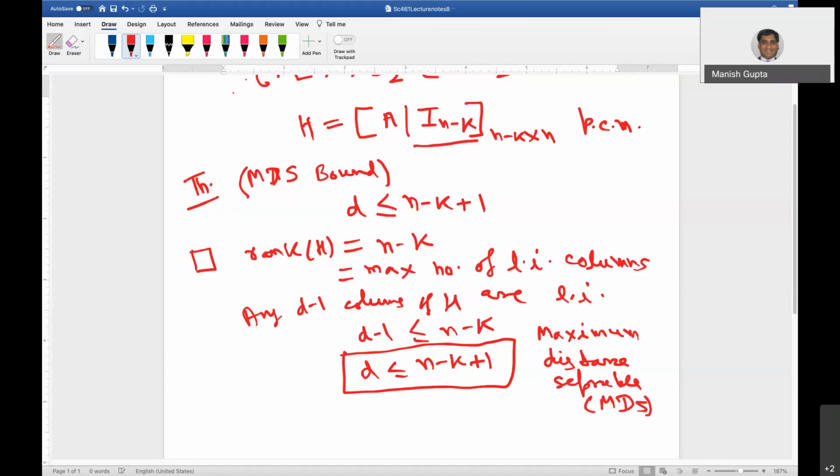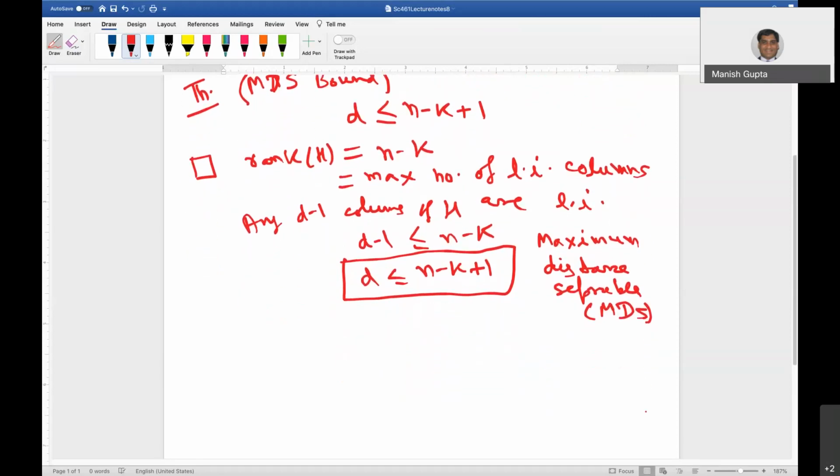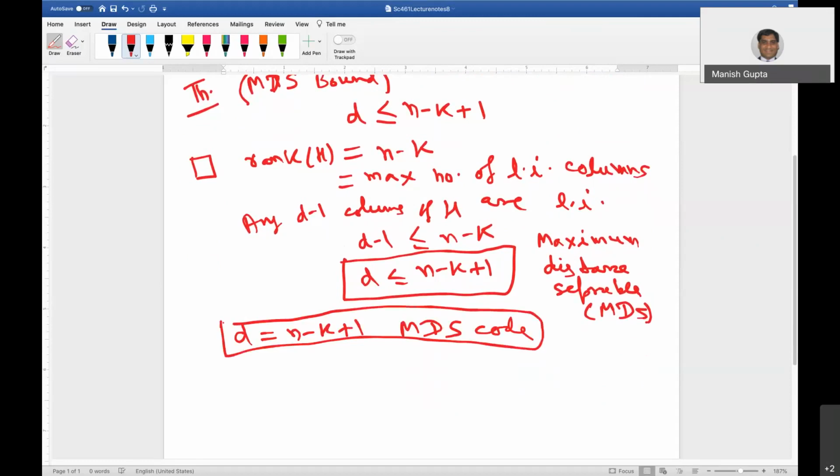Now, MDS bound. Codes for which d is equal to exactly n minus k plus 1 are known as MDS codes. There are plenty of examples, but the most popular one is the Reed-Solomon code.